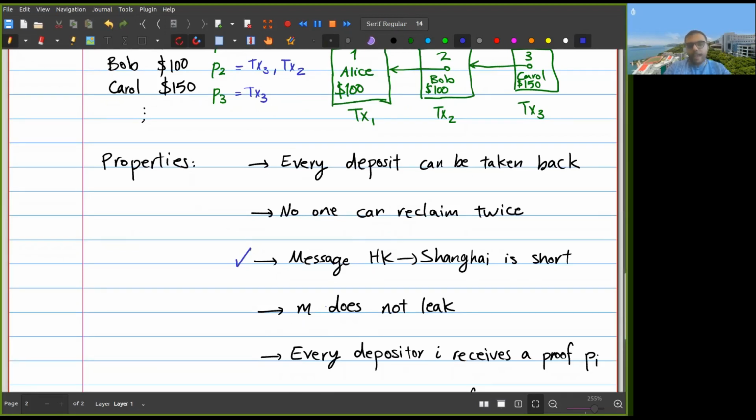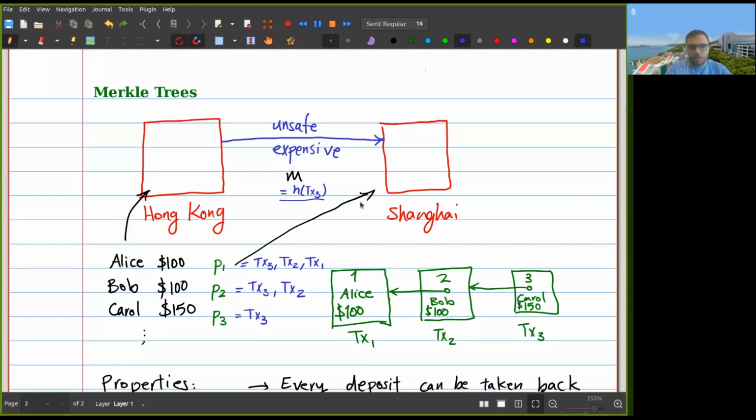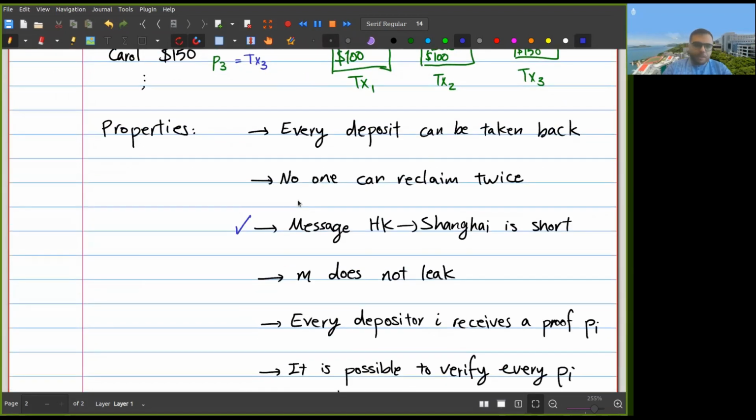And also the hash that I sent does not really leak any data, right? So if someone from outside this system only sees M, what they're seeing is the hash of the very last transaction. But we had the one-way property of the hashes, so they can't even know the last transaction, let alone the other transactions, because they just have a hash of the last transaction. So I have this property as well, which is great.